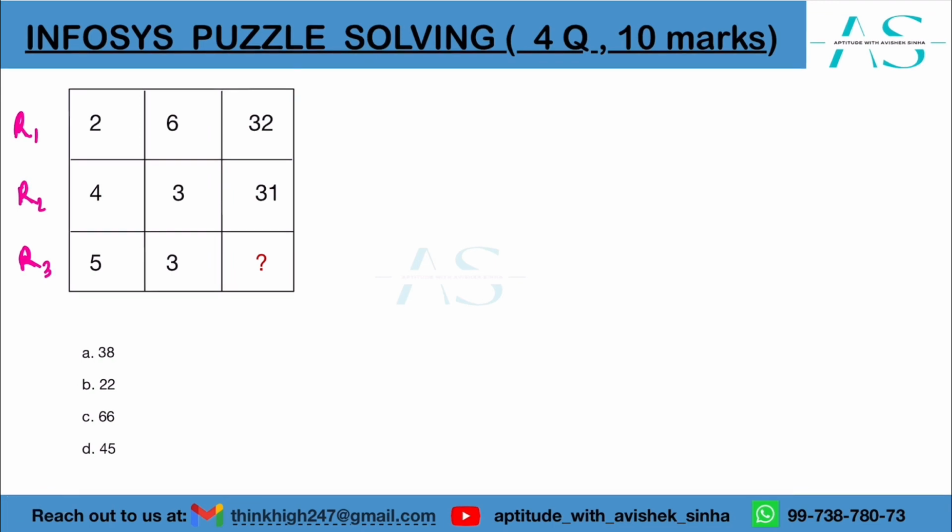Now, let's see what can be done. How can you go from 2, 6 to 32? If we start row wise and take the multiplication of these two, 2 into 6 is 12. Now take the double of it.